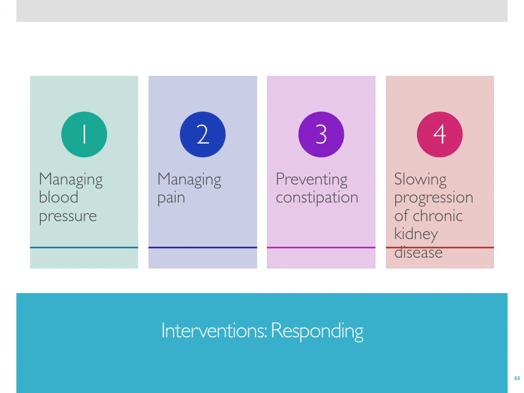So how are we going to intervene? Well, first we're going to manage blood pressure, and we're going to manage the high blood pressure with ACE inhibitors. Occasionally they may be on ARBs, and that's because, remember, one of the side effects of ACE inhibitors is a dry cough.